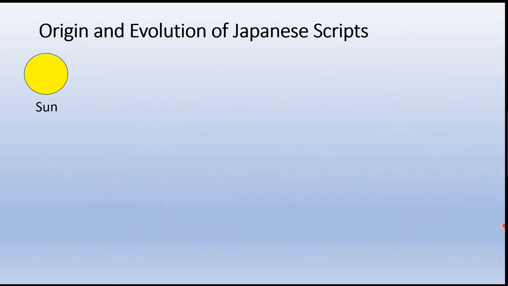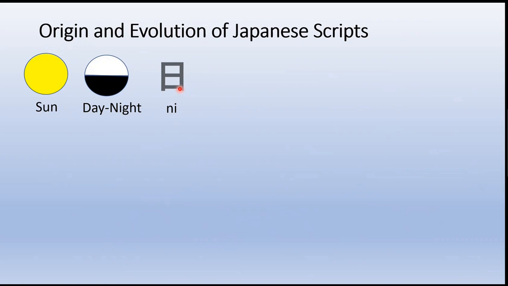So let's derive the symbol or the kanji of sun. So this is sun. What does the sun do? It creates day and night. So half is day and half is night. And from that, this symbol of this kanji of sun is derived.